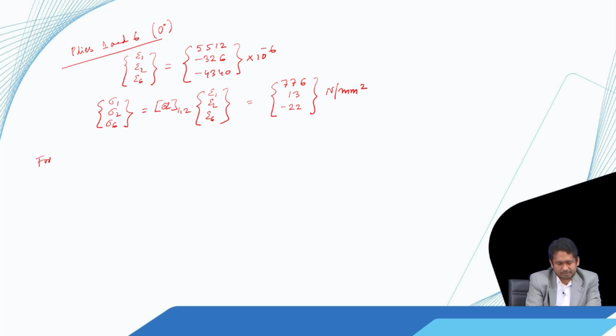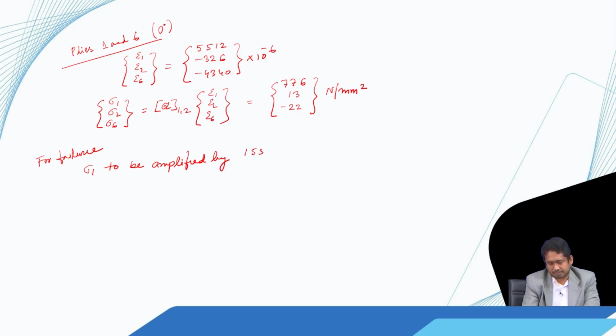Now, for failure, as we did before, sigma 1 needs to be amplified by a factor 1500 by 776, because this is tensile stress. So, we will divide the tensile strength by that.